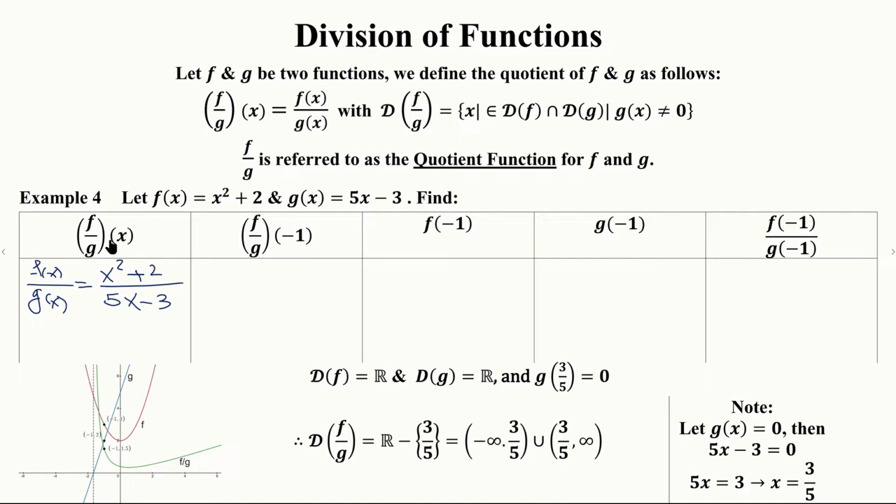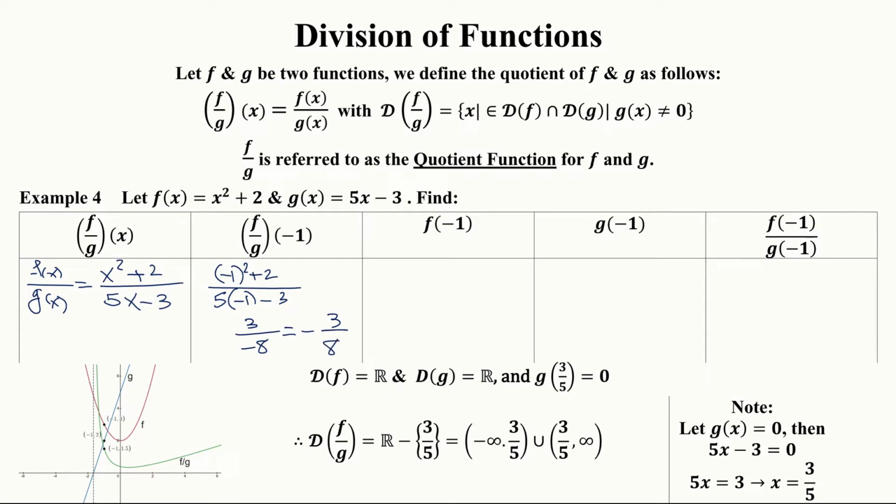So since we have f over g of x, we'll plug it in. So we get quantity -1 squared plus 2 all over 5 times -1 minus 3. So we get 1 plus 2, which is 3 on the top, and -5 minus 3, which is -8 on the bottom. Normally, we like to put the negative sign on the side of a fraction, so we get -3/8.